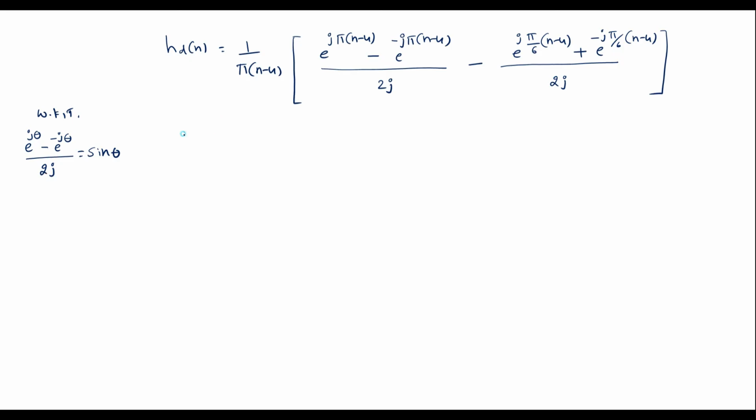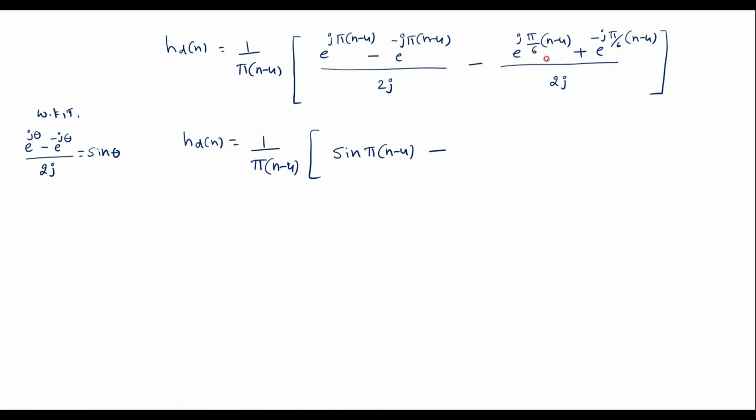Therefore, further I can simplify this as hd of n is equal to 1 over pi of (n minus 4). Here e power j theta is nothing but pi of (n minus 4), so I can write sine theta as sine pi of (n minus 4).